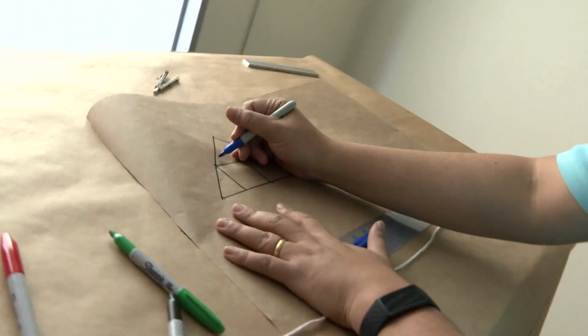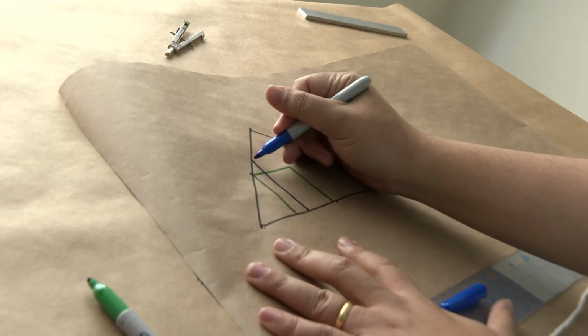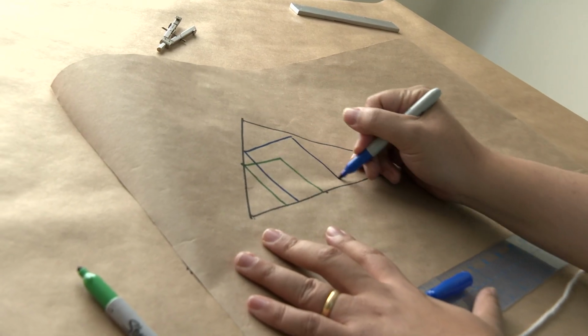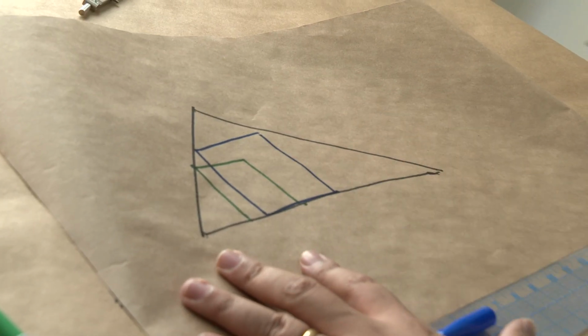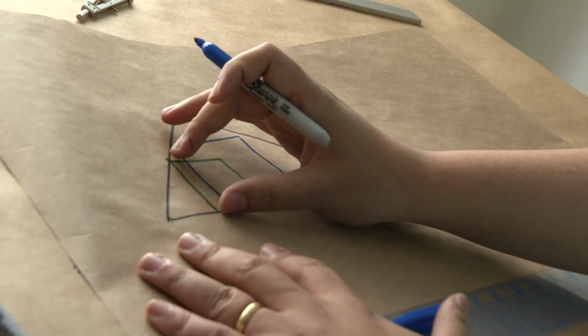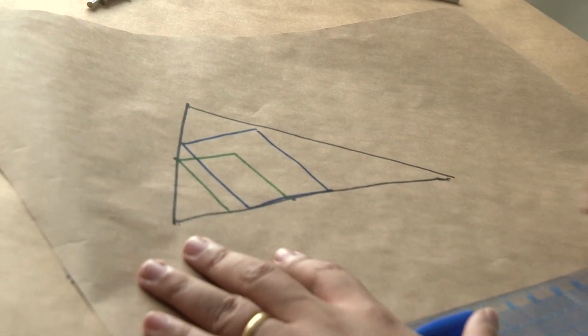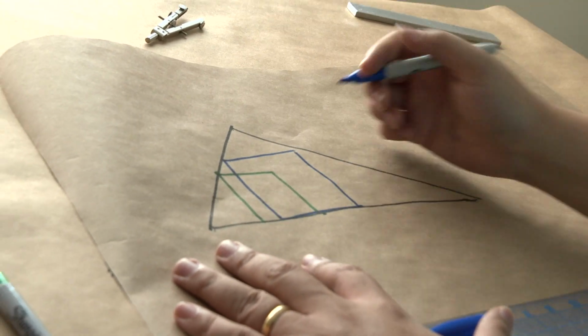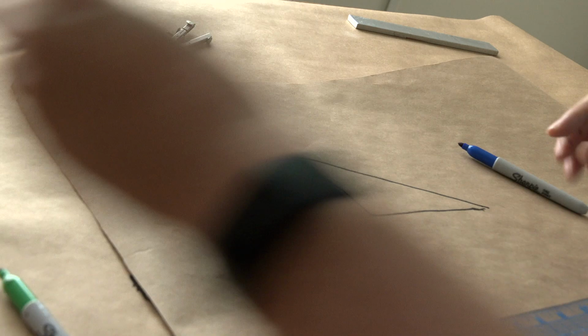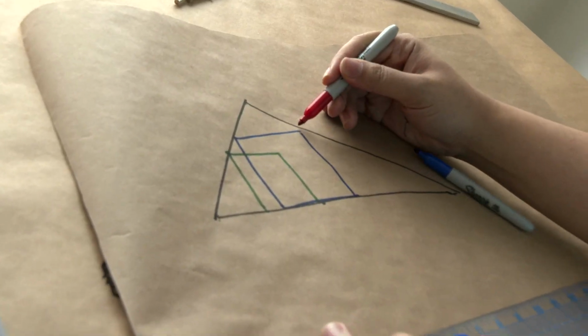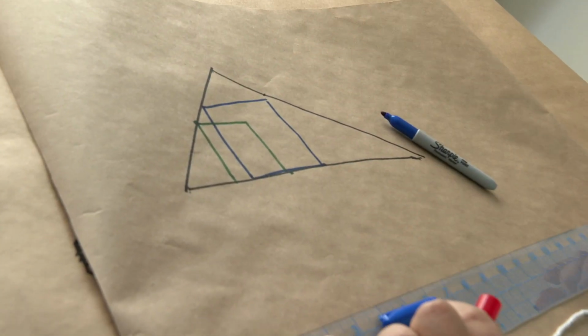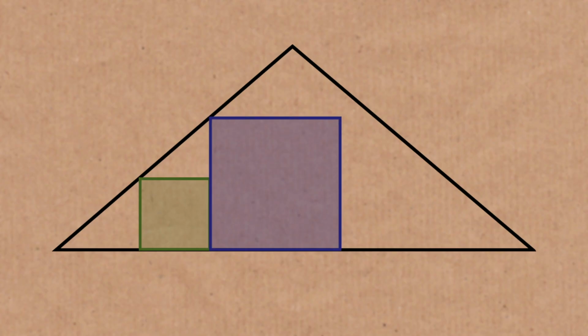Okay, we can also continue drawing more squares and see what they look like. And so this figure of squares that are touching the side of this triangle, we hope we eventually will get to a square that does indeed touch this side of the triangle. If we can find such a point, we are done.